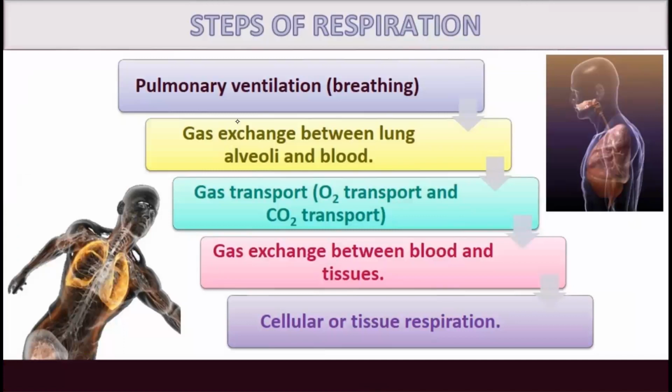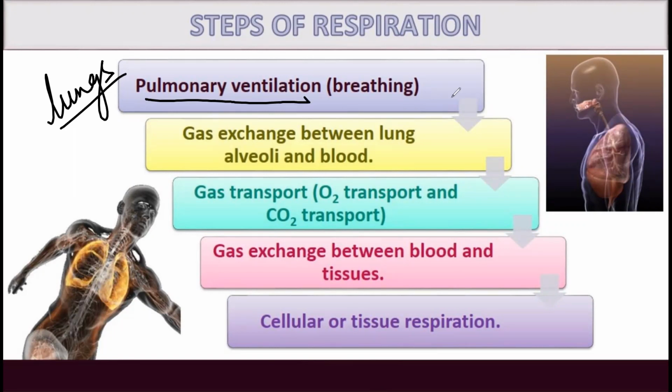Here come the steps of respiration. In respiration, the steps involve pulmonary ventilation, that is breathing. The pulmonary ventilation here indicates lungs. The nostrils, bronchi, trachea, all are involved in ventilation, that is breathing. Then the gaseous exchange between lung alveoli and the blood takes place. So first the air enters through our external respiratory system, nostrils, air passage basically.